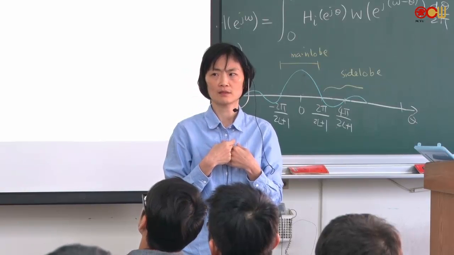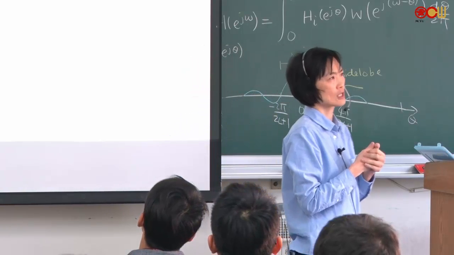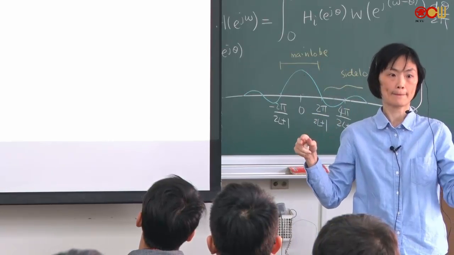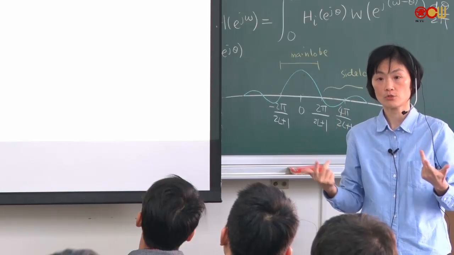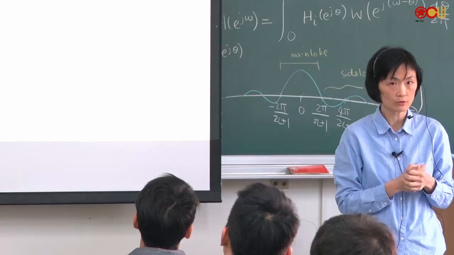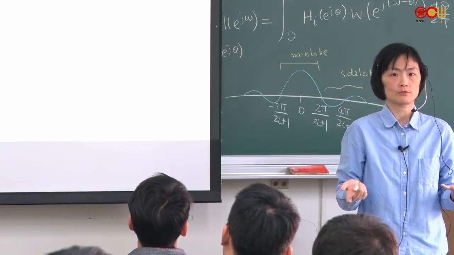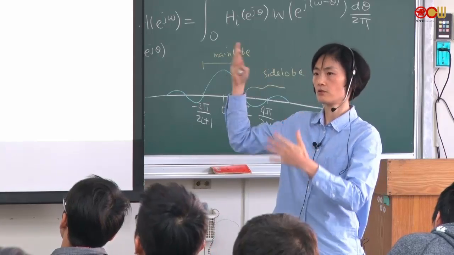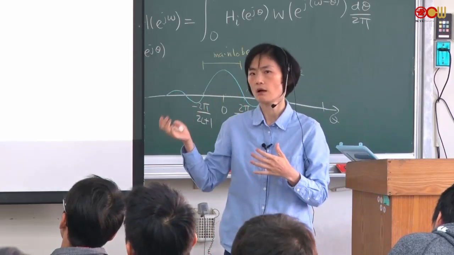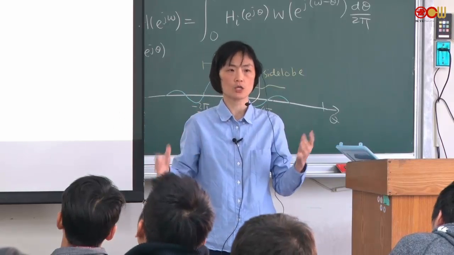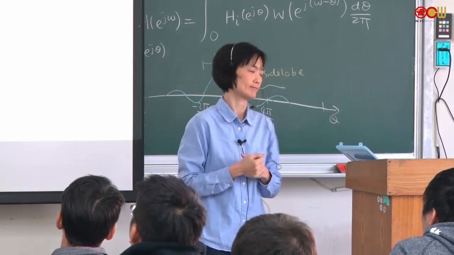It would be great if I tell you the design and then you can tell me the window shape that I need to use, and the order of the filter that I need to use, and then the final filter, because that's the final filter that we are after. Now that we know the trade-off, we still don't know how to find the window shape that we would like to have.